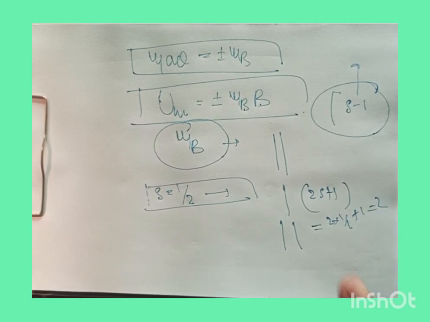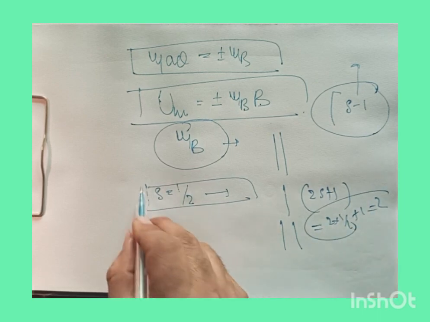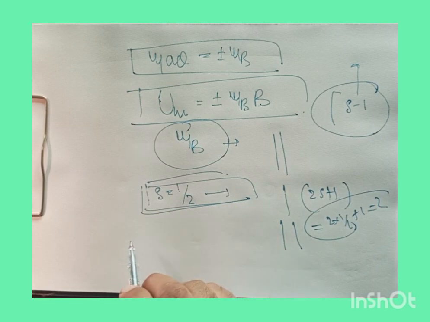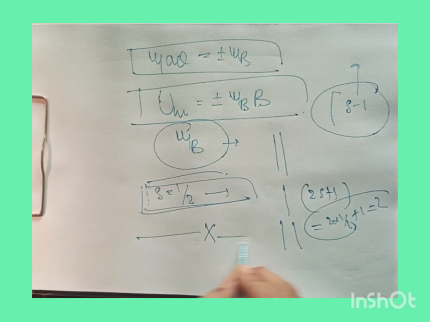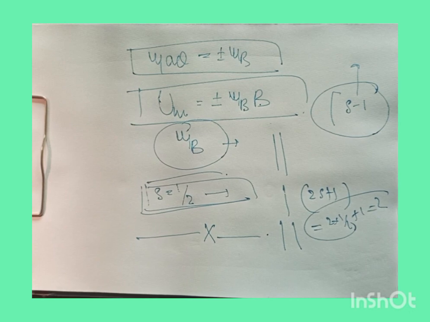With this 2s plus 1 equal to 2, the result is s equal to 1 by 2. So this is what leads to spin-orbit interaction, the splitting of energy levels due to spin-orbit interaction.